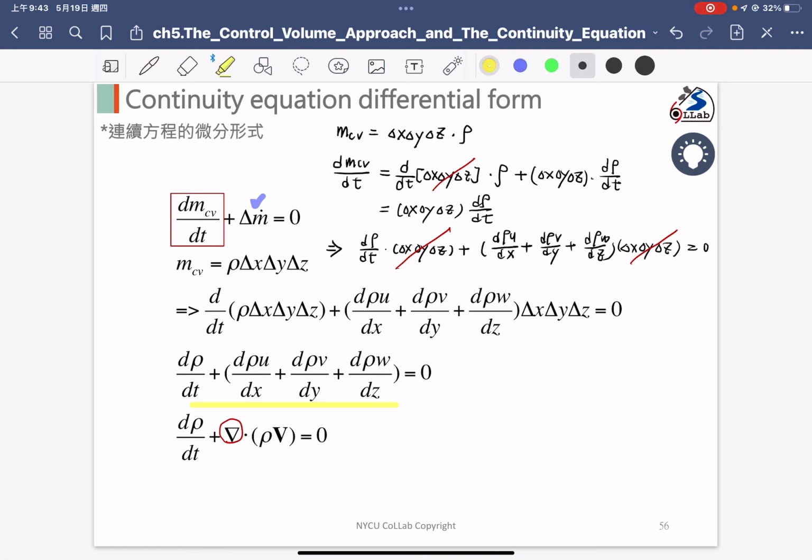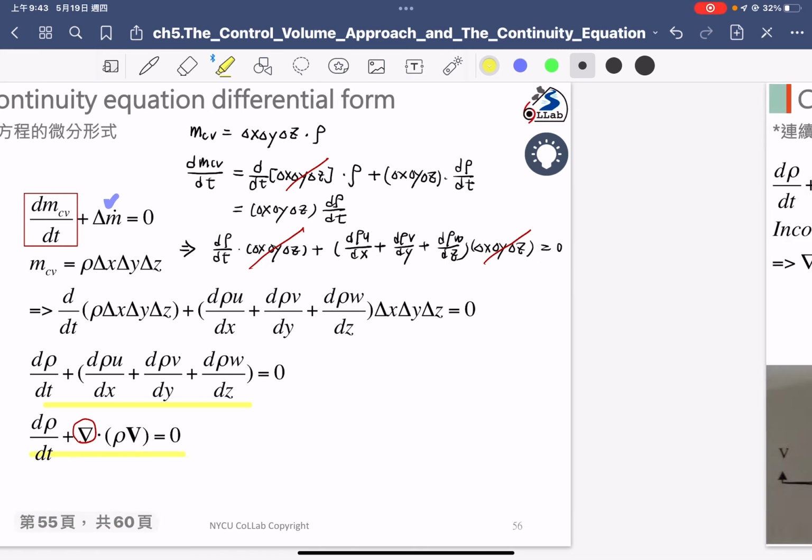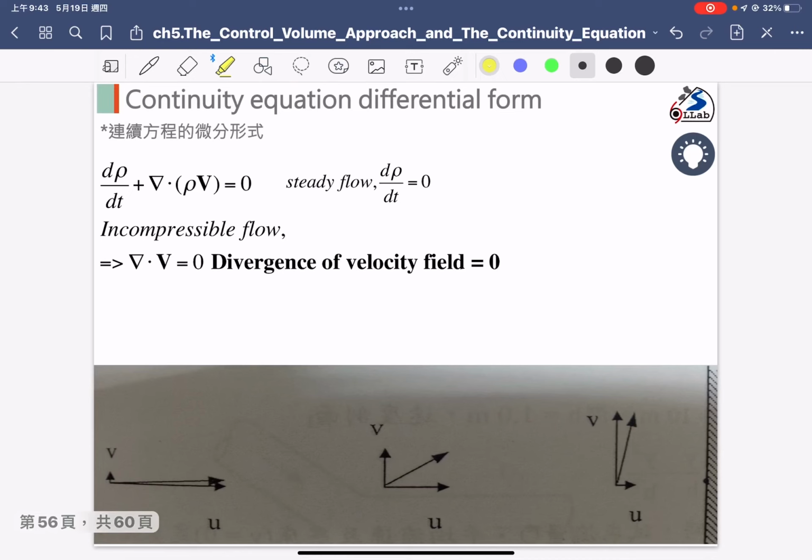Okay, so this is the final general formula for the differential form of the continuity equation. Right now we consider some different conditions to better understand how we can apply the differential form of continuity to real cases.